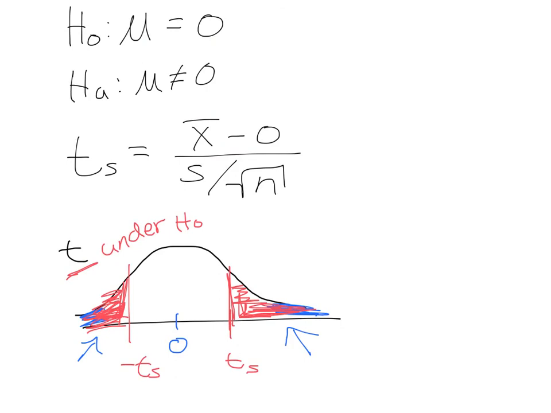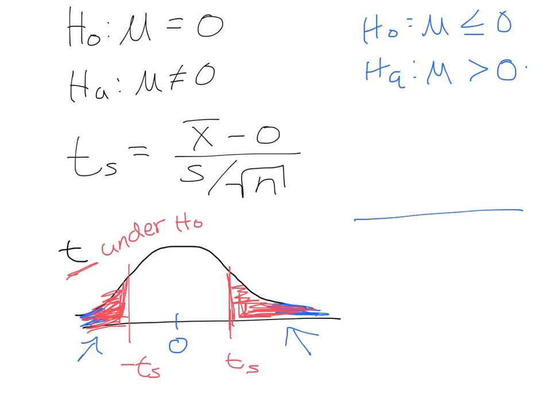Now, if we had a one-sided test, say we're testing mu less than or equal to 0, or mu greater than 0. Remember, the null hypothesis always has that equal sign. Then when we're calculating our p-value, if this was our observed test statistic, the definition of being extreme is now different.